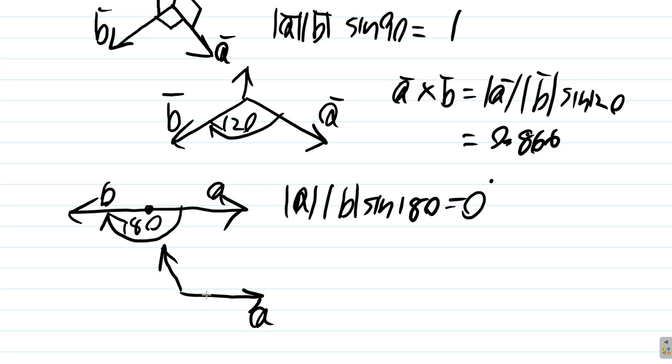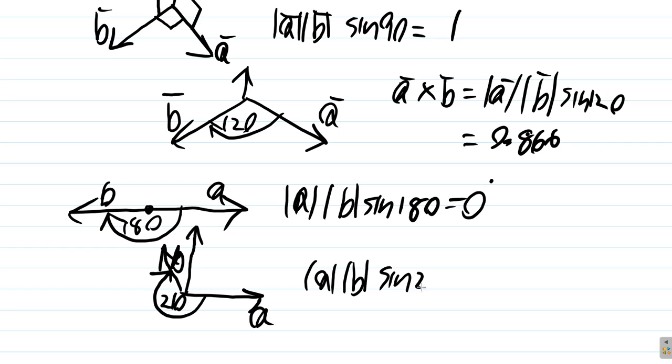Now suppose you swing across to, let's say, 210 degrees and B is here. I'm assuming the A cross B is up here. What would it be? Magnitude of A by magnitude of B sine 210 degrees.